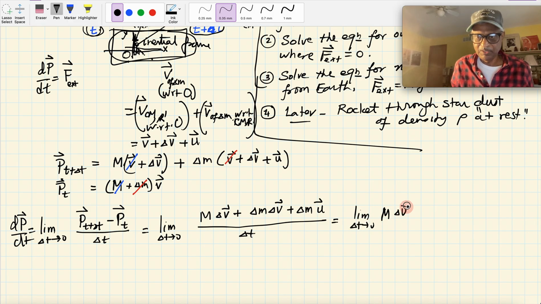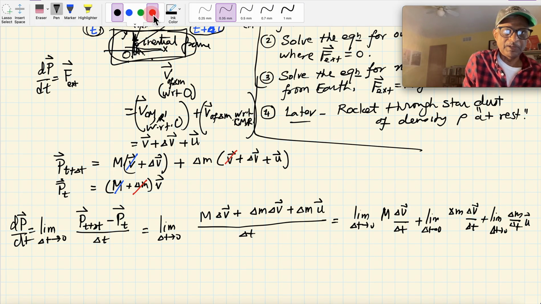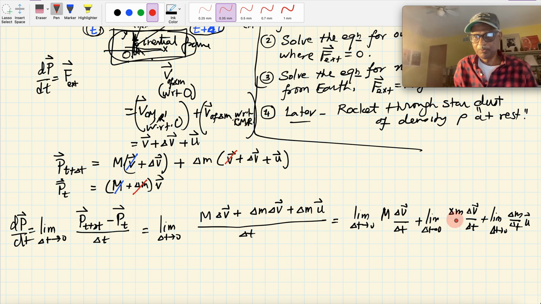m delta v over delta t, plus delta m delta v over delta t, plus the limit as delta t goes to 0 of delta m over delta t times u. So here is the thing that we don't know how this is going to behave, so I'm going to multiply and divide by delta t.